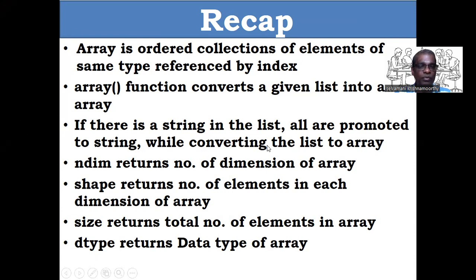If one element in the list is a string, all elements are promoted to string while converting the list into an array. ndim returns the number of dimensions of an array. Shape returns the number of elements in each dimension of an array. Shape means number of elements in each dimension; ndim means number of dimensions. Size returns the total number of elements in the array. dtype is very simple, it returns the data type of the array. Is it clear? I hope it is clear.